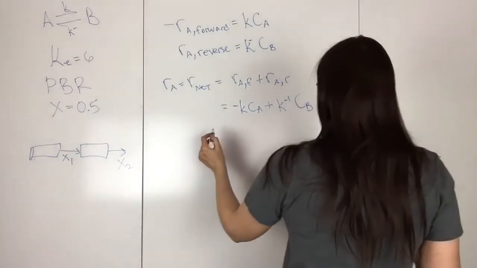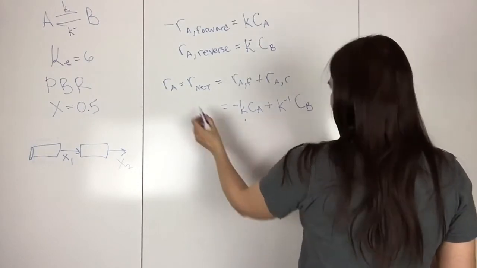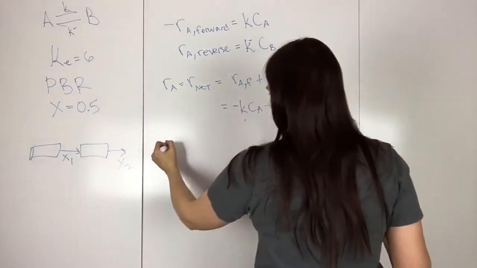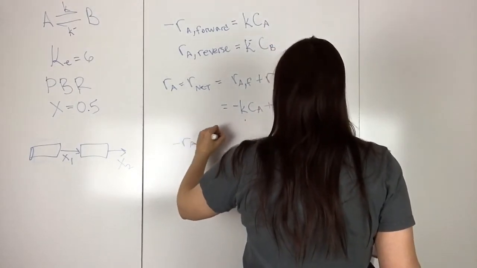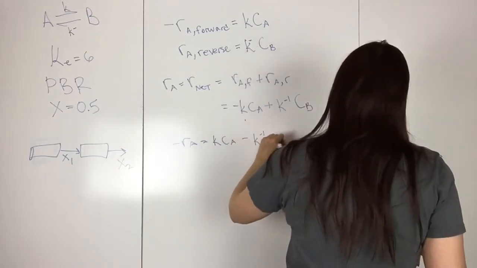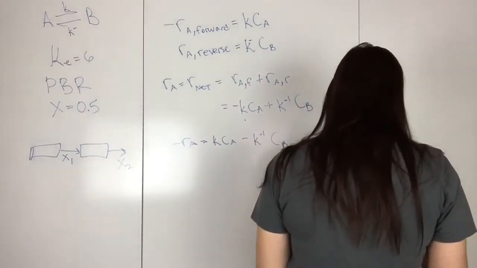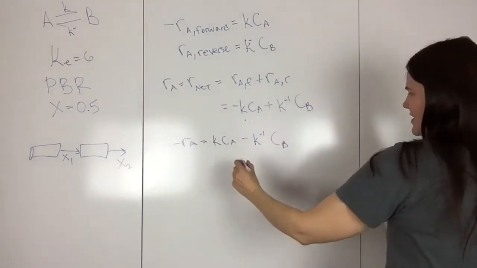We can pull k out. First of all, we want to multiply this by a negative 1, so we get the rate of disappearance. So minus RA is equal to k CA minus k minus 1 CB. Then I'll pull out k.